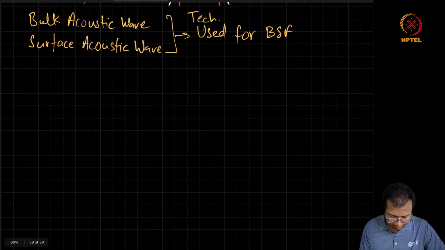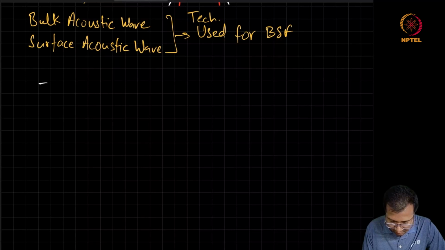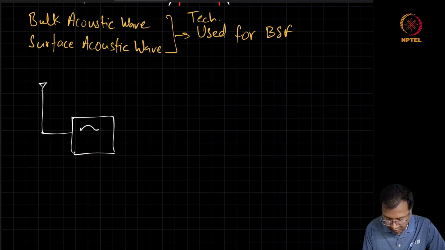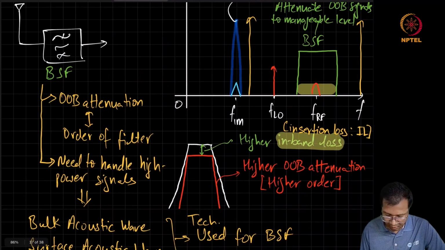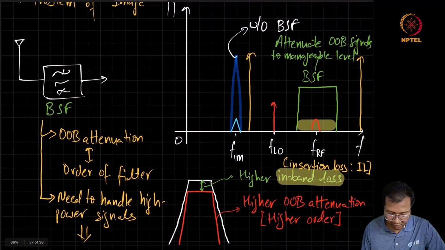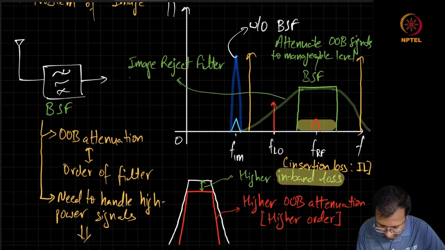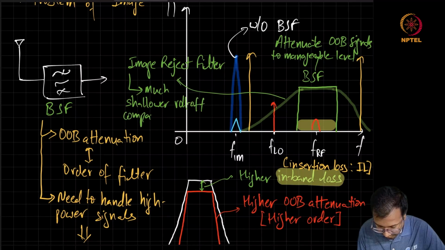So you can say that the image reject filter can itself be another band pass filter, with a much shallower roll off compared to the band select filter.